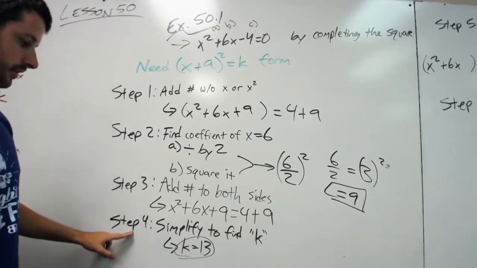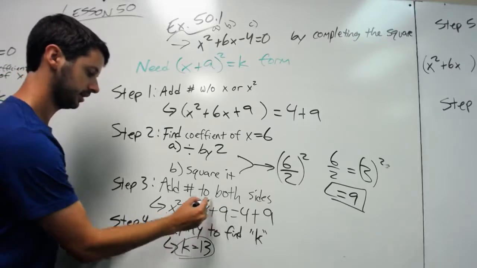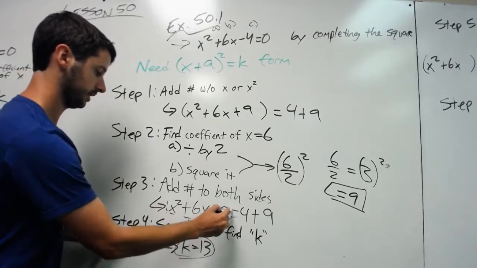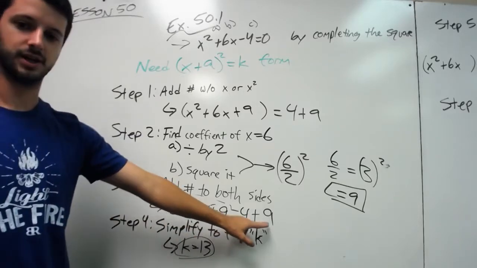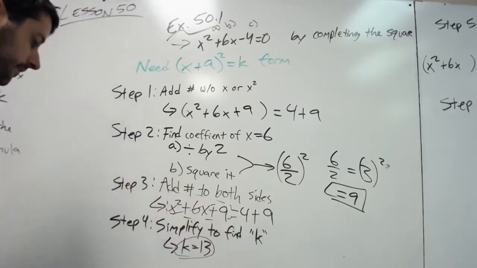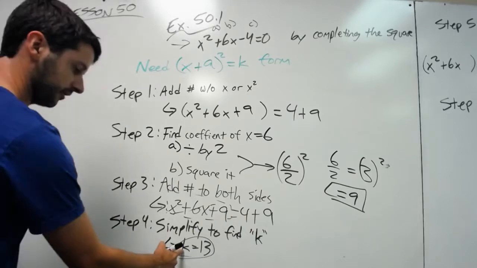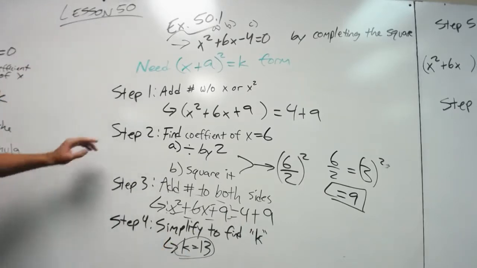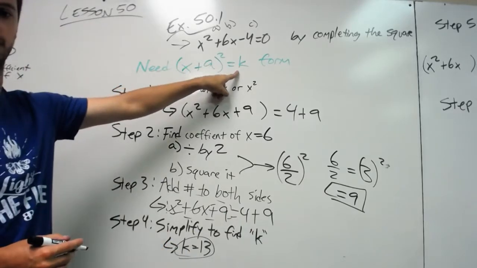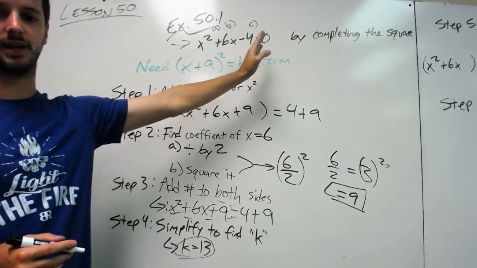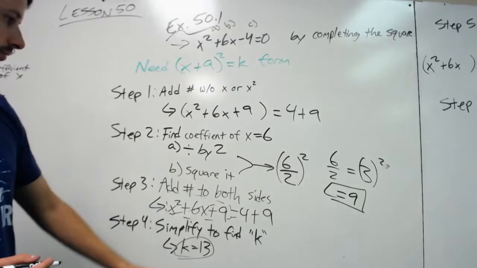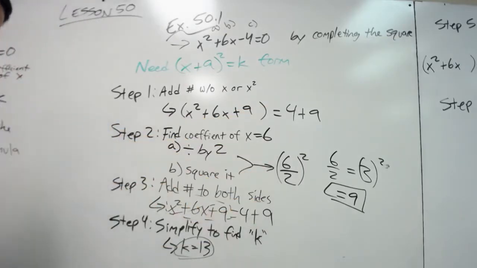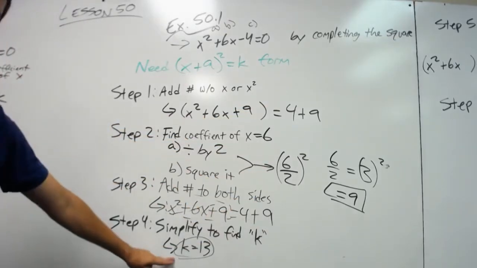When you simplify, this part is going to stay the same. The only part you can simplify is on the right side, the 4 plus 9. So you do 4 plus 9 and find that k equals 13. Notice that k is on the right side of the equal sign.